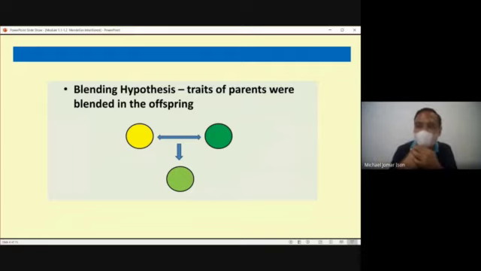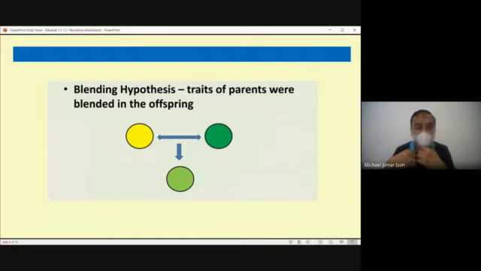You cannot really blame people for thinking about the blending hypothesis, because as you observe people, the eyebrow looks like the dad, the eyes look like the mom, the cheekbone or the shape of the cheeks looks like the dad, and then the lips look like the mom. So simply looking at people, we cannot blame them for thinking that this is a blending process to produce the offspring.